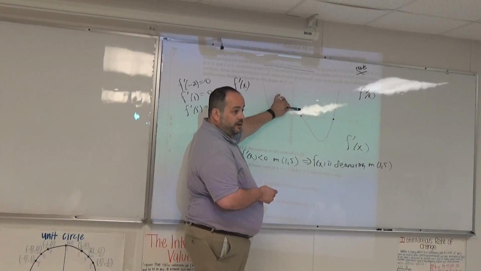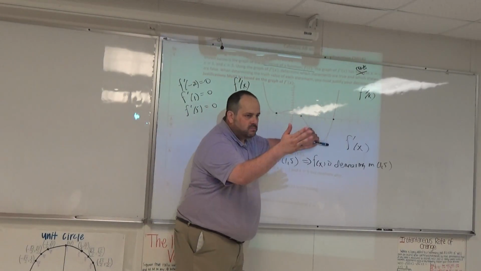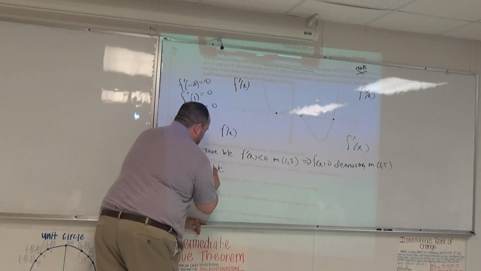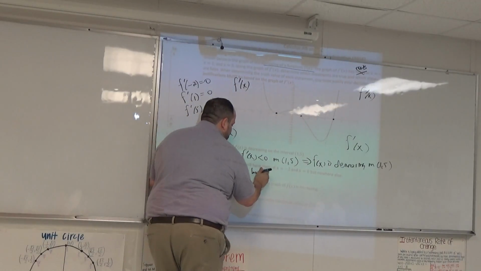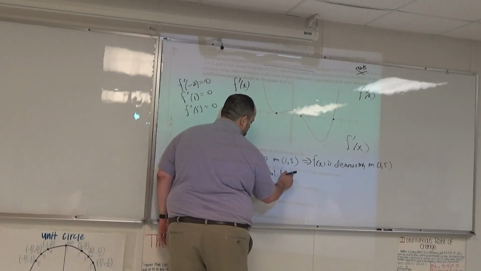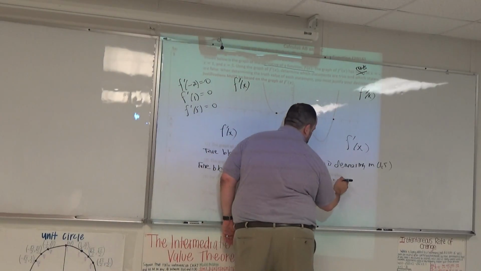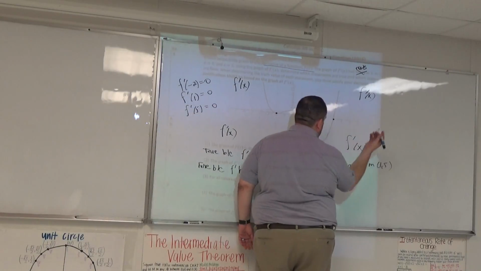One of them over here at 0. And then this third one somewhere. So I'd say something like false because f prime has 3 horizontal tangent lines at x equals -2, x equals 0, and somewhere else.